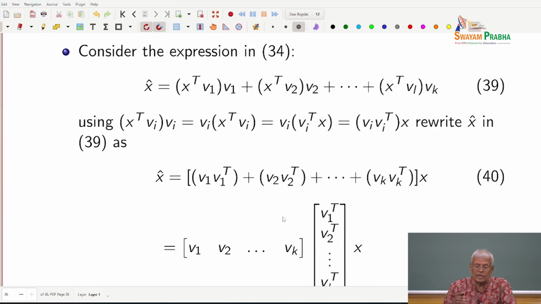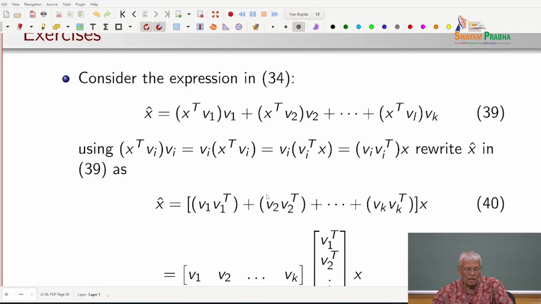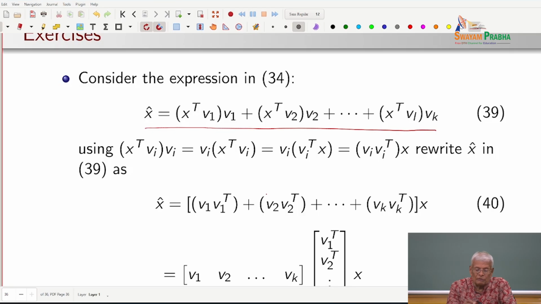Now I would like to end the discussion with a couple of exercise problems. Consider the expression 34, which is given by this. That's the K-mode approximation. We know what each of these coefficients are. X hat can now be written as this part.